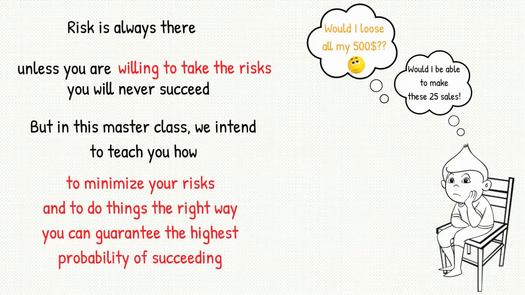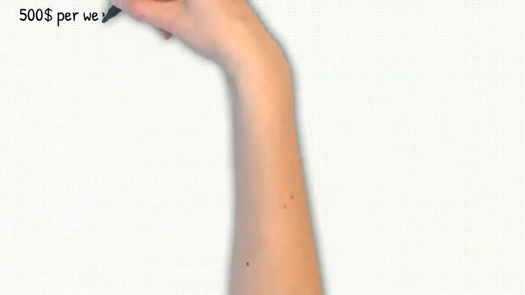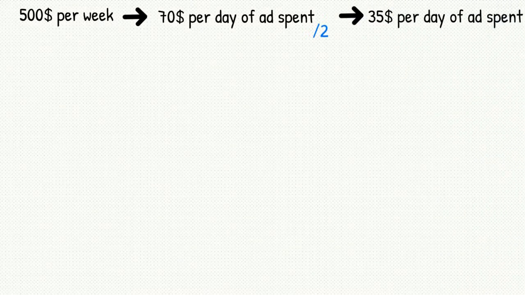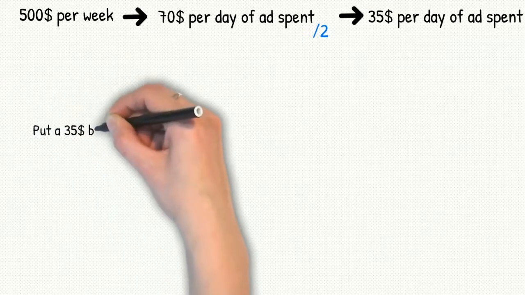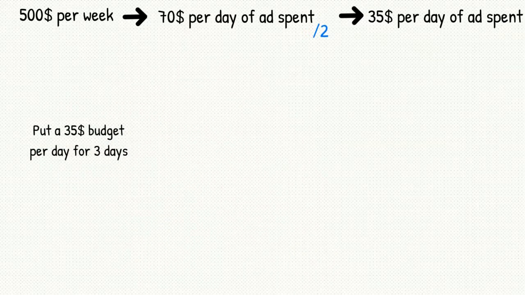So what I recommend you to do is, $500 per week is a little bit more than $70 per day of ad spend. You take these $70 and divide it by 2, which gives you $35 per day. I recommend you to put a $35 budget per day for 3 days and see how many sales you get.